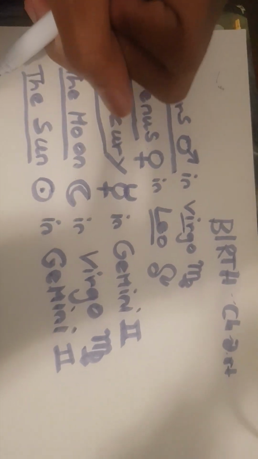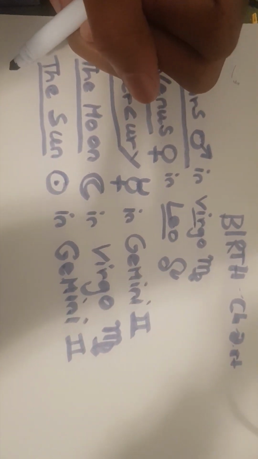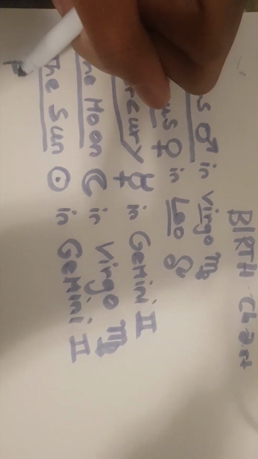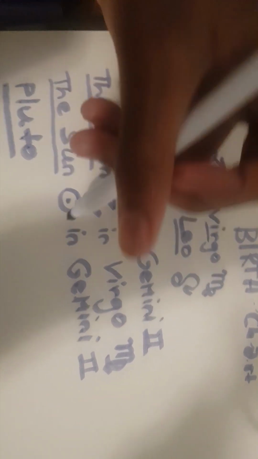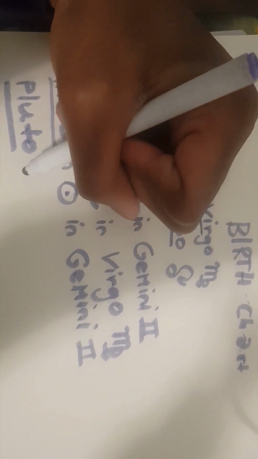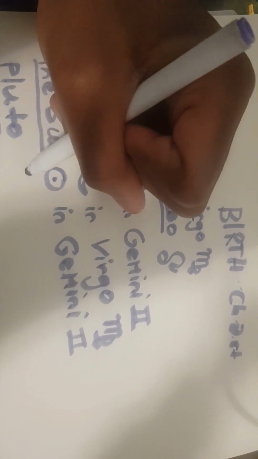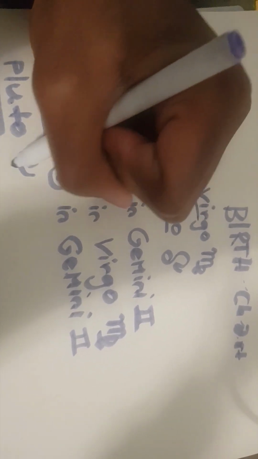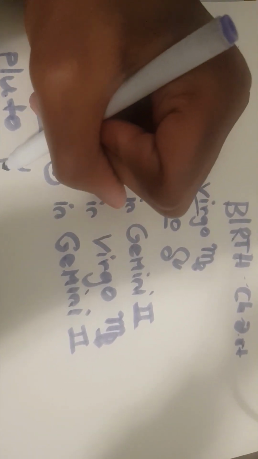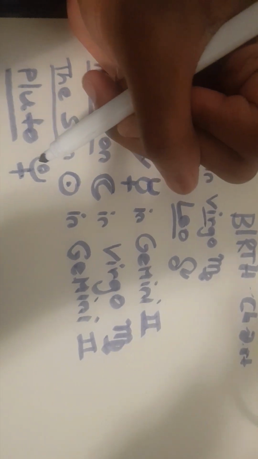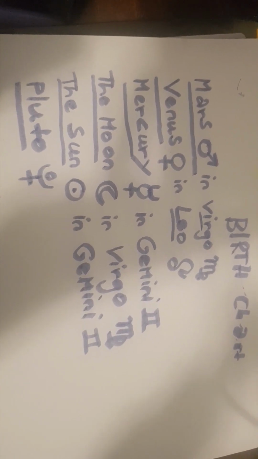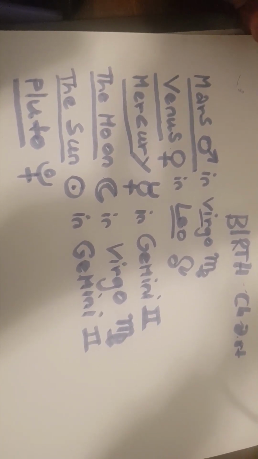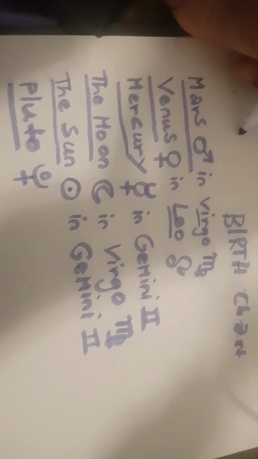Next is Pluto. So I have my Pluto in Capricorn. So I'm gonna put Pluto. I think this is close to the symbol, but actually the symbol in Greek mythology of Pluto is this.